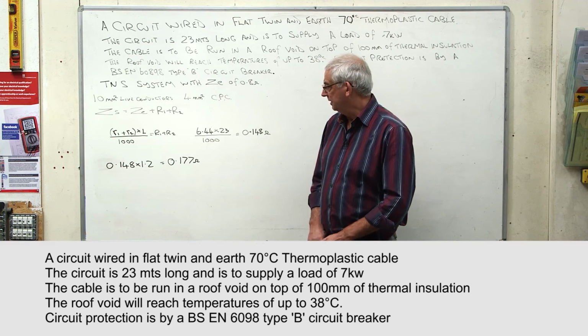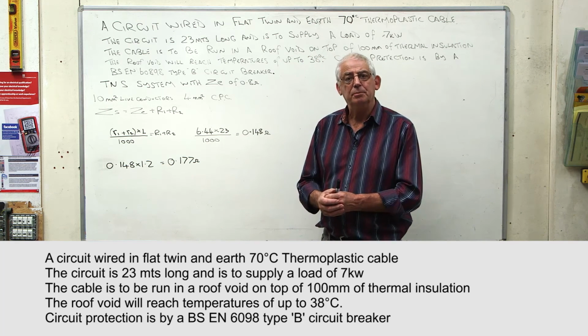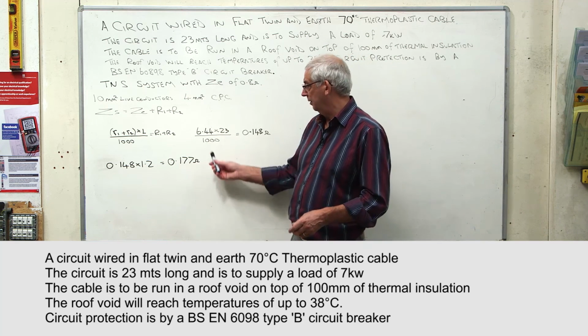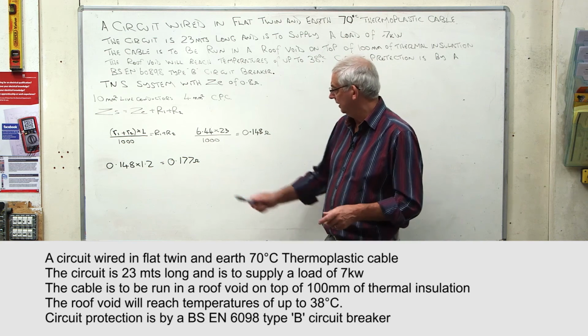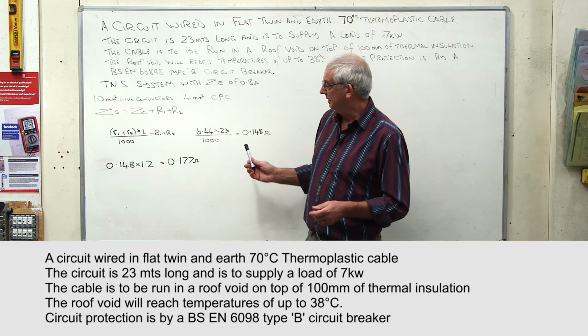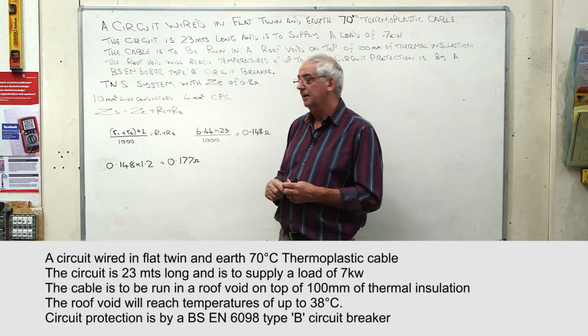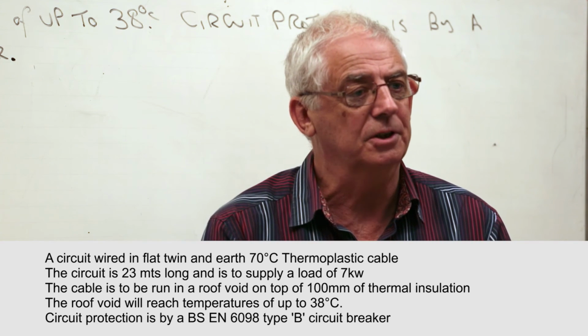If I multiply the resistance of the cable by 1.2 to take into account the rise in temperature, I end up now with a value of 0.177 ohms. And as we can see, this value would be my R1 and R2. All I need to do now is add it to ZE, and that will give me the actual ZS of the circuit.